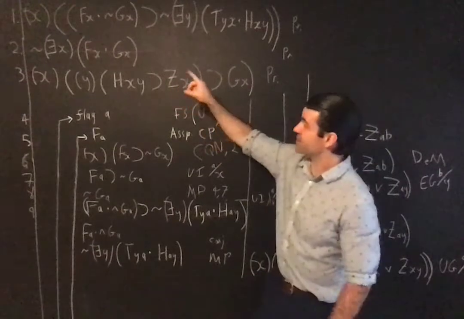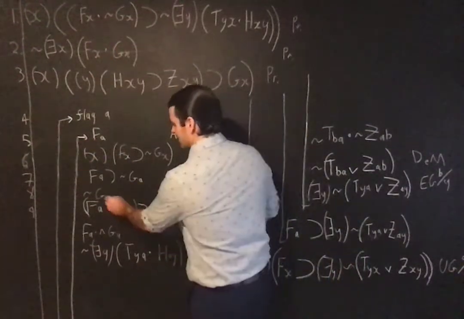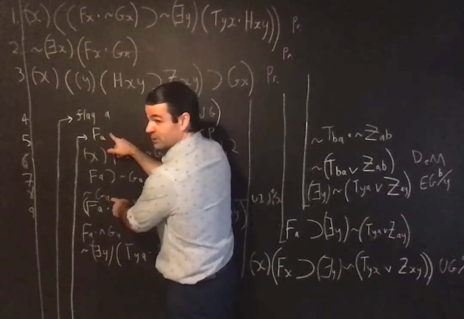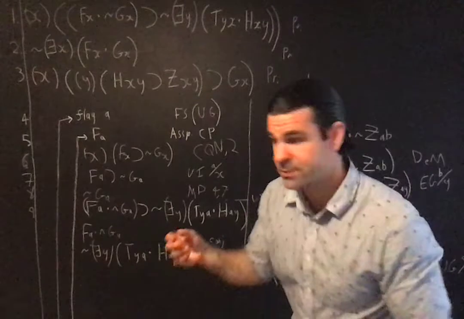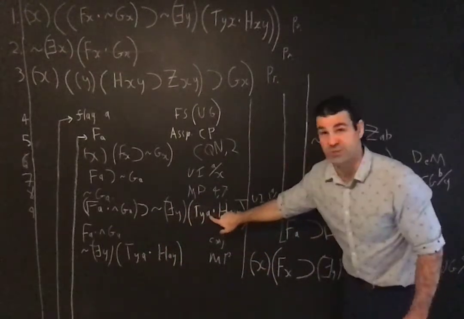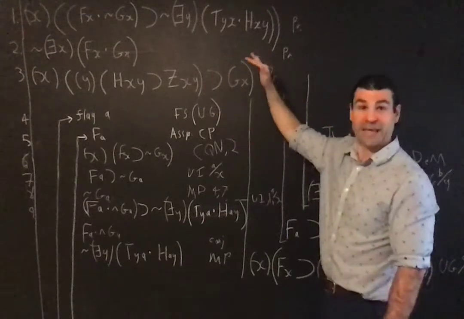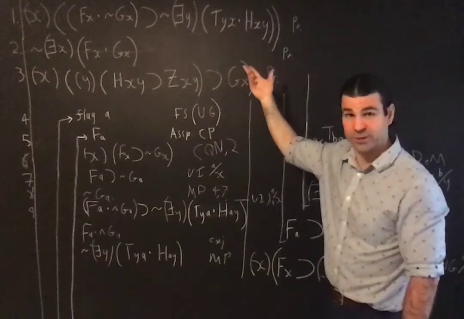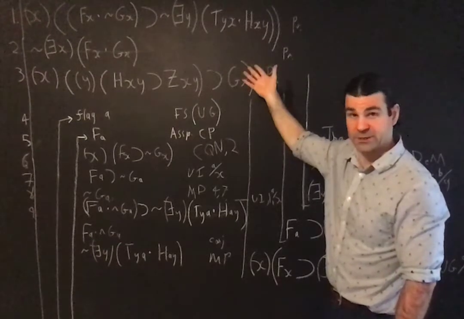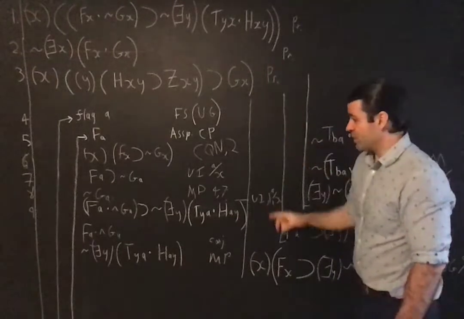I wanted the X's here to become A so that I could use these two formulas to do a modus ponens. But in making that choice, the second position of my T became an A. Mechanically now, following the rules of universal instantiation, you've got to replace all the X's with an A, with the same individual constant.